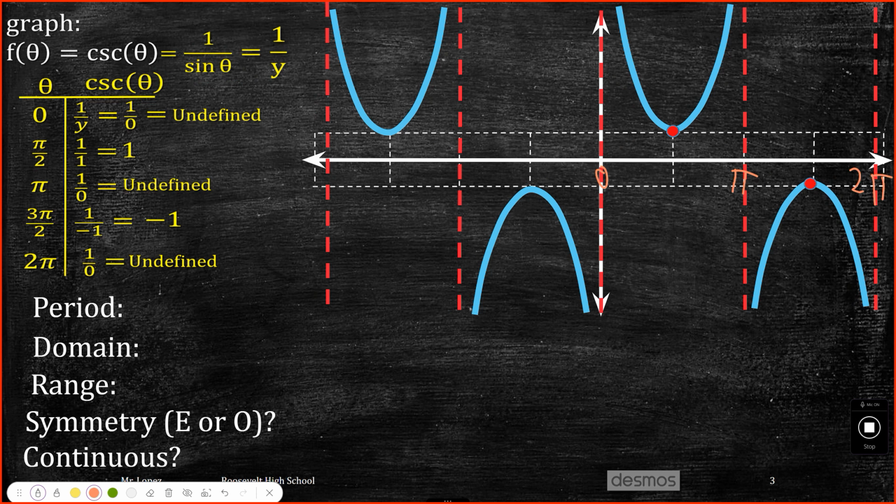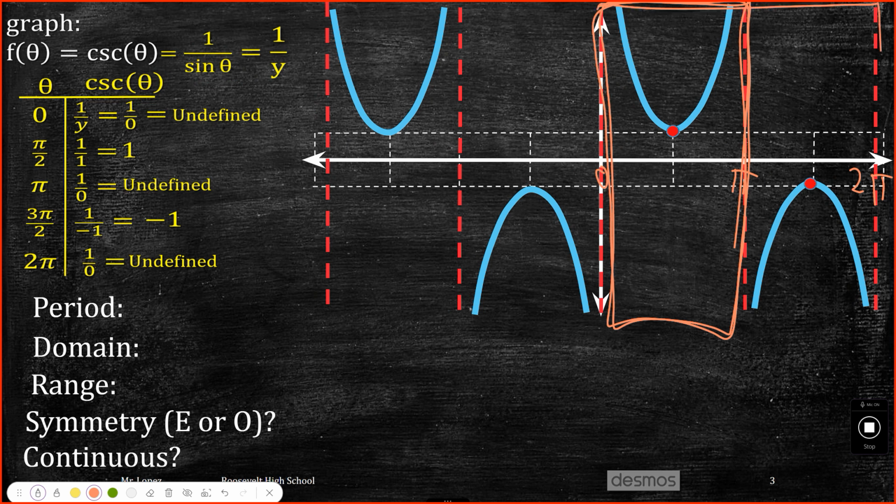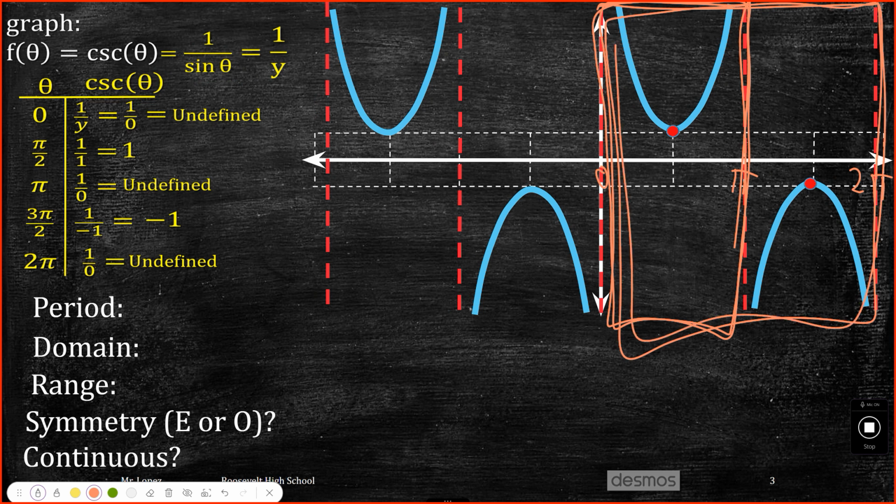If I get only this stamp, and I try to stamp it everywhere here, am I going to get what I'm supposed to get? Yes or no? No. I need the whole thing all the way here, yes? Now if I get this stamp and I grab this, would I get another one that's the same? So the period is going to go from 0 to 2 pi.